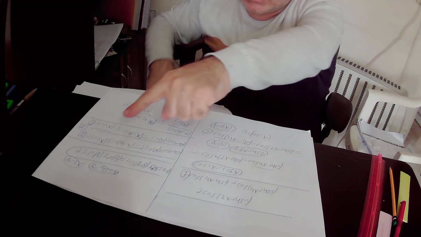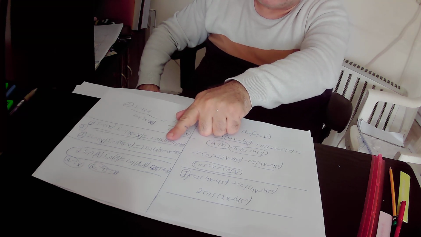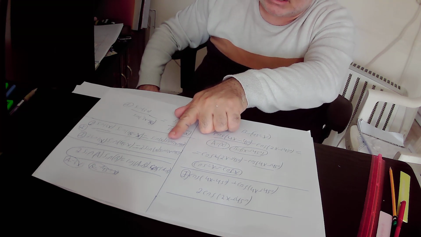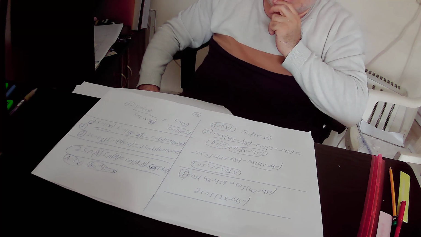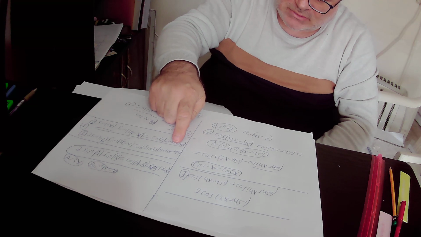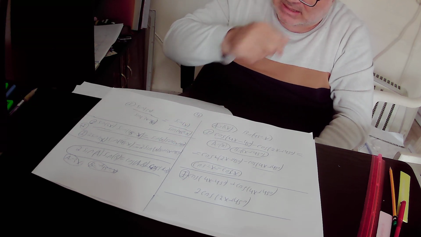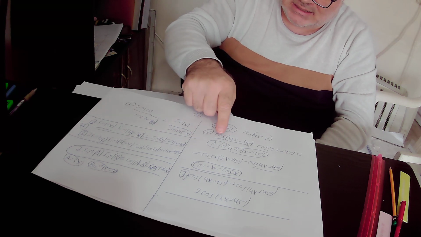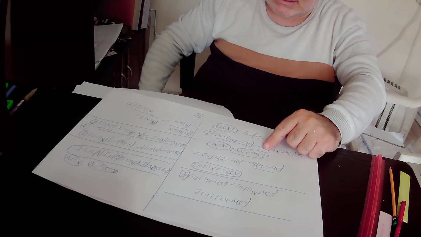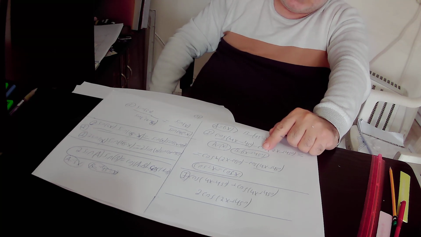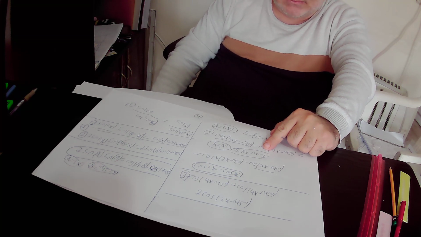So we finished with this expression, then we treated this expression, 2 sine x sine (3x plus 45 degrees). Here A equals x and B equals 3x plus 45 degrees, so cosine (A minus B): A minus B is x minus 3x, which is minus 2x, and 0 minus 45 degrees is minus 45 degrees.